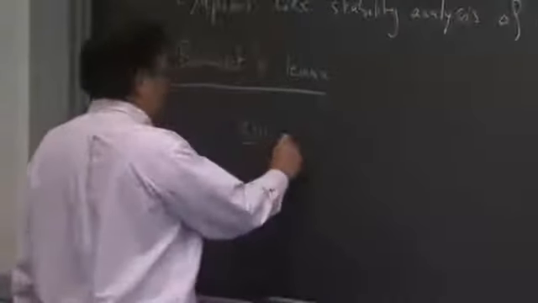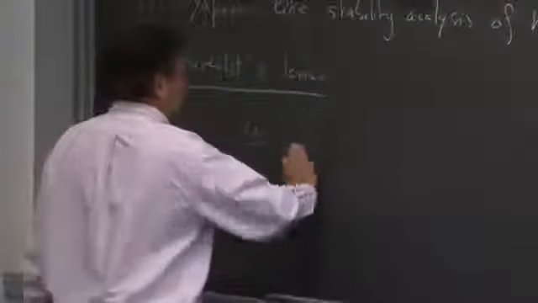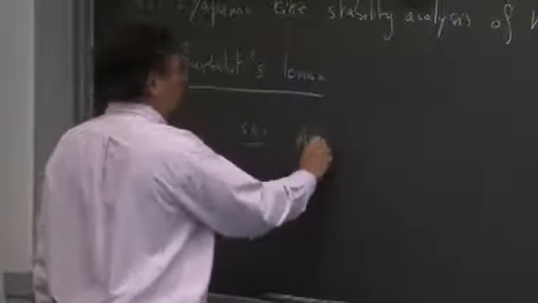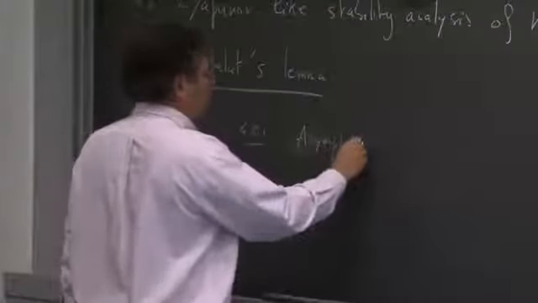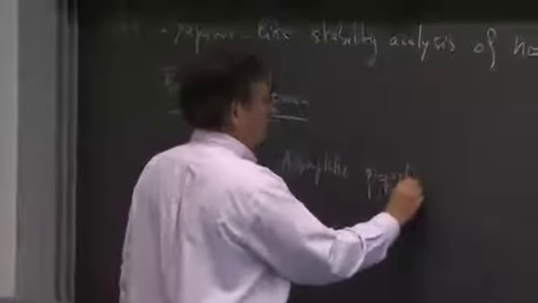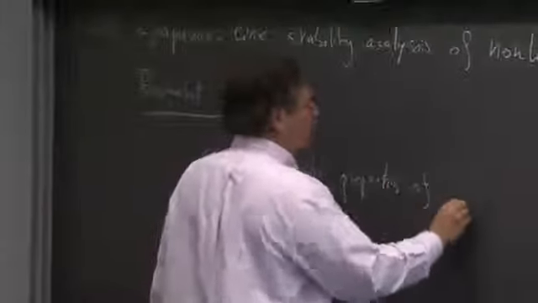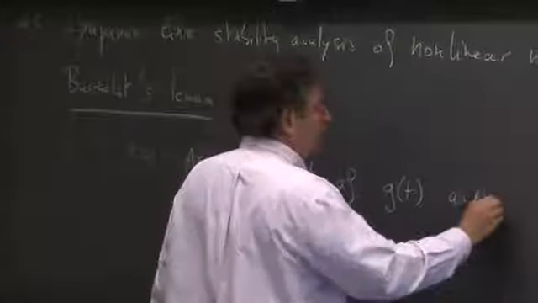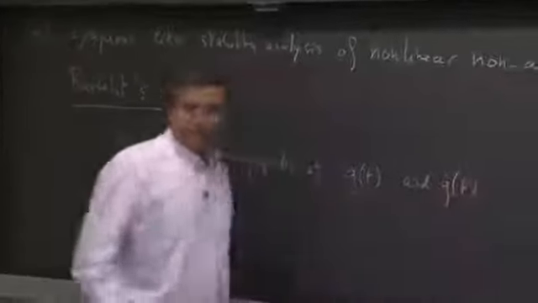So let's just call it asymptotic, meaning at t equal infinity, properties of some smooth function g of t and its derivative g dot of t.